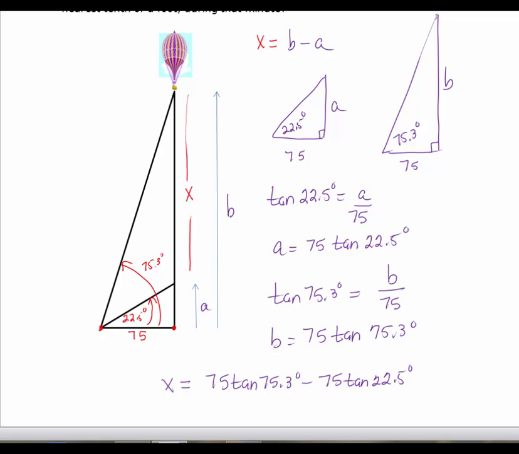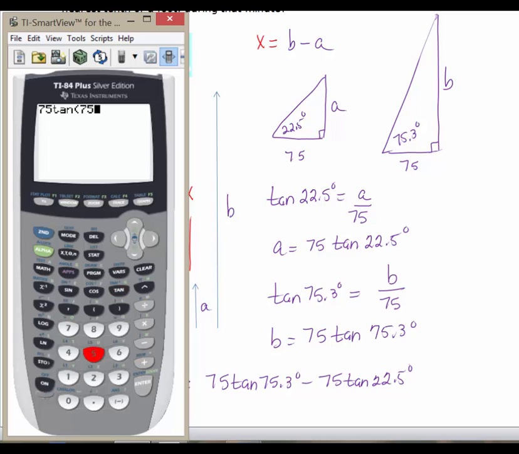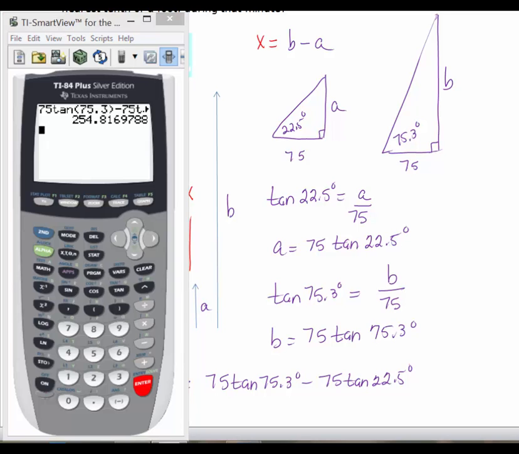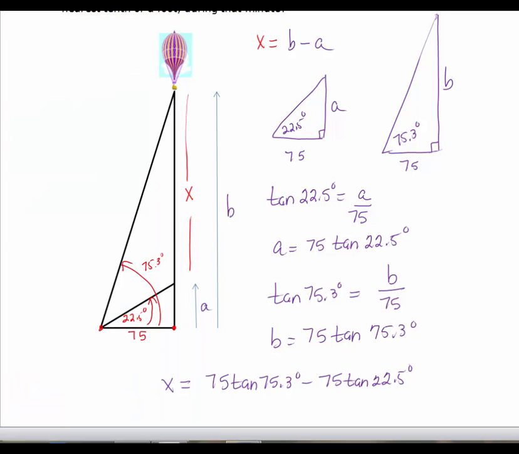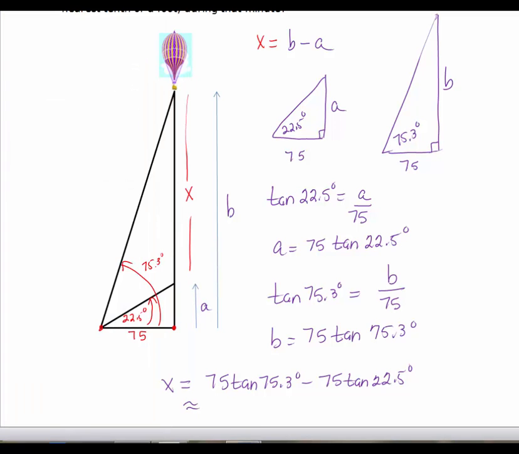I would just evaluate straight in my calculator, typing this expression in: 75 tangent 75.3 degrees minus 75 tangent of 22.5 degrees. So x is approximately equal to 254.8 feet.